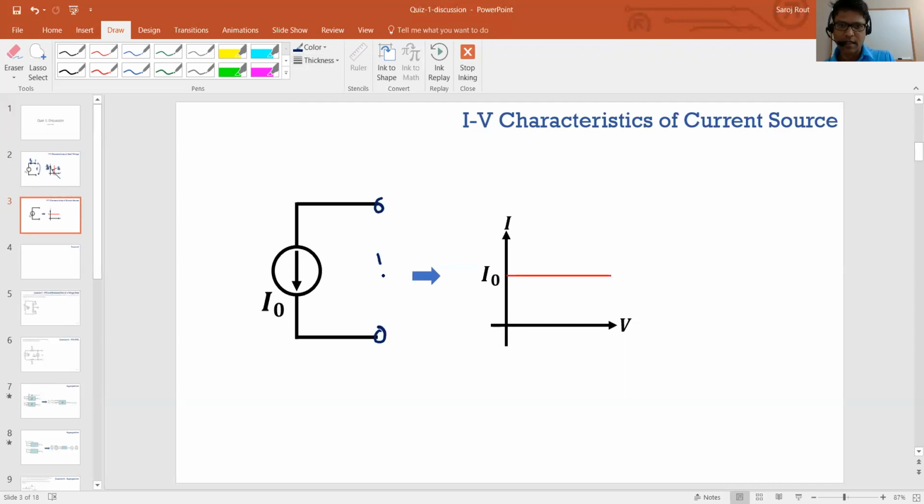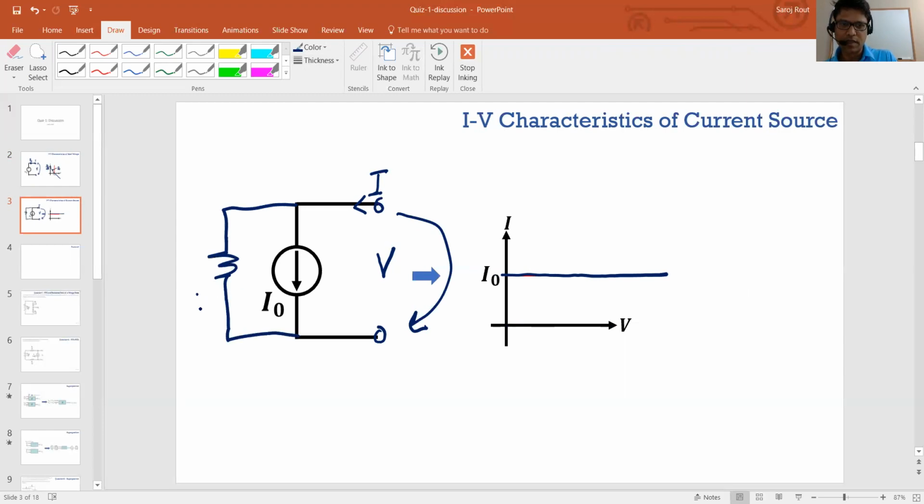No matter what voltage you apply across these two terminals, the current drawn out or sourced into it, this current I, is always constant. But in reality, you usually have some impedance of that current source. Let's say this is also some RS. Then when I change the voltage, this current won't be constant.